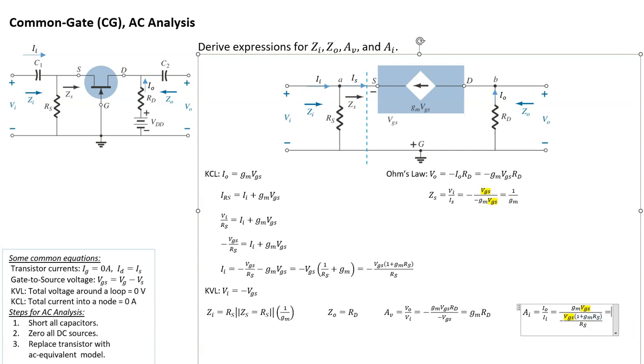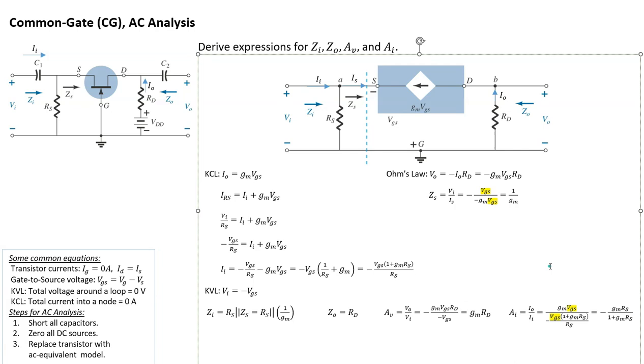So it's going to be negative, and then the top part will be GM times RS, all of that divided by 1 plus GM RS. It doesn't fit, so let me just adjust this a bit.